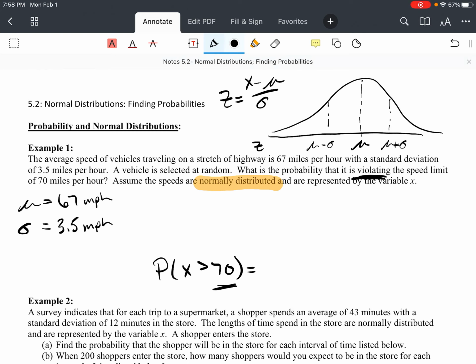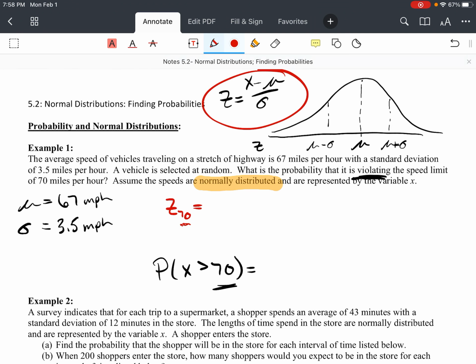First we need to figure out what z-score corresponds with 70. So to find the z-score, z sub 70, and the reason I'm doing this is because we will be dealing with multiple values of x, specifically in example number 2, and I'll show you that in a little bit.